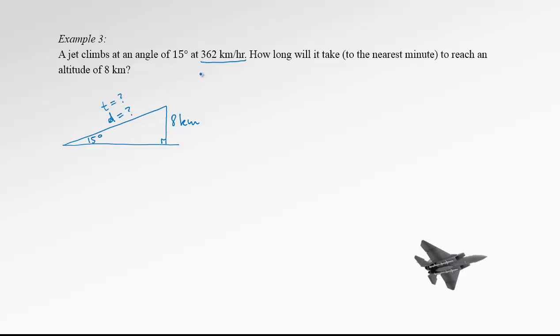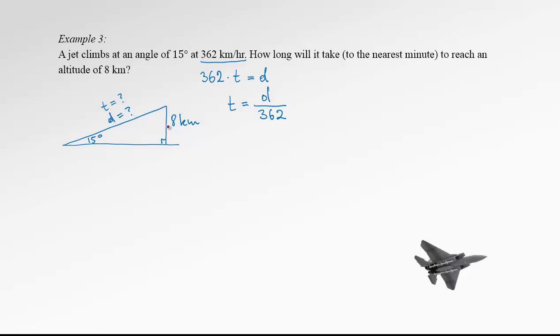Well, rate times time, so 362 kilometers per hour times the number of hours equals distance. This distance will be in kilometers, right? Because of the denomination here and there. So we would easily find time as soon as we know this distance, okay? Because that will be distance over 362. Therefore, our first goal would be to find the distance.